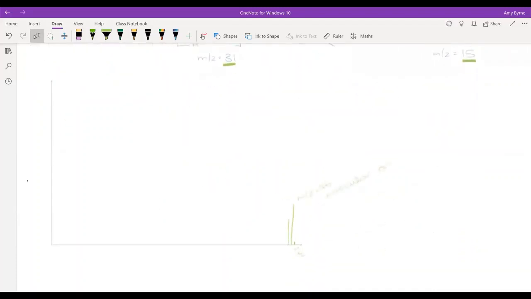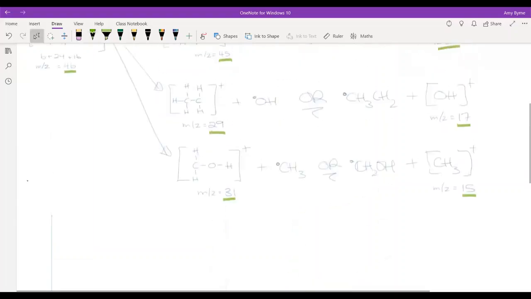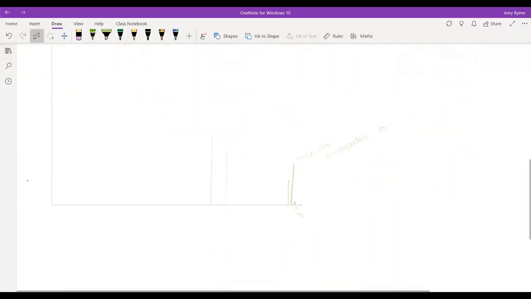And yes, my scale is completely messed up. I will see one at 29. I will see one at 17. Okay, so 17, 15, and 1.